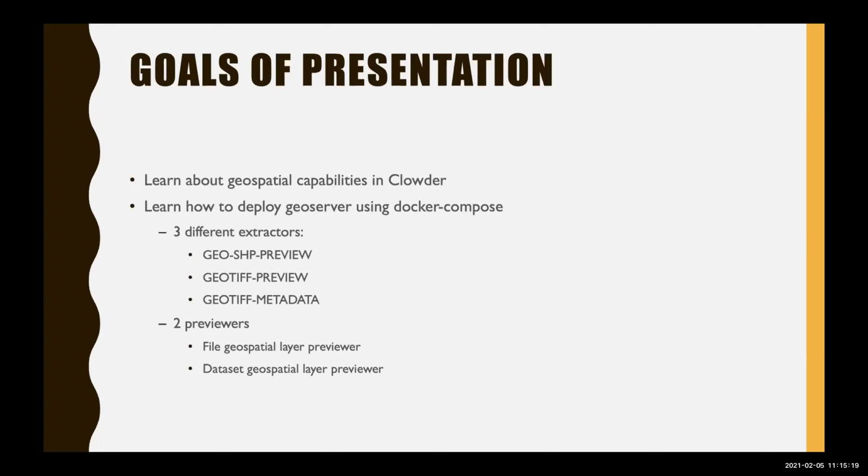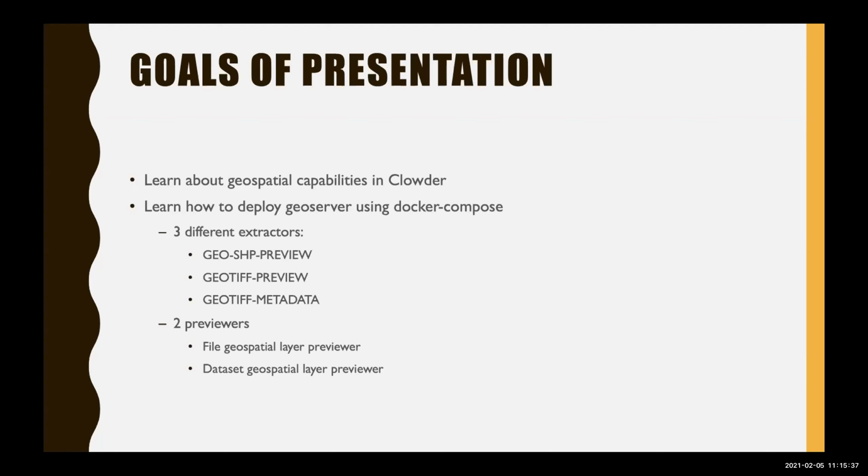You'll also learn how to deploy the Geoserver, and we'll look at 3 different extractors: the GeoShape preview, the GeoTIFF preview, and the GeoTIFF metadata. Then we'll look at two different previewers that show both the file layer and also the dataset.